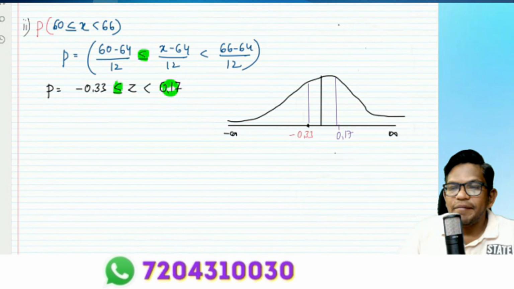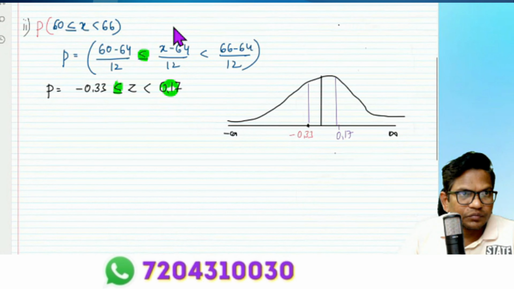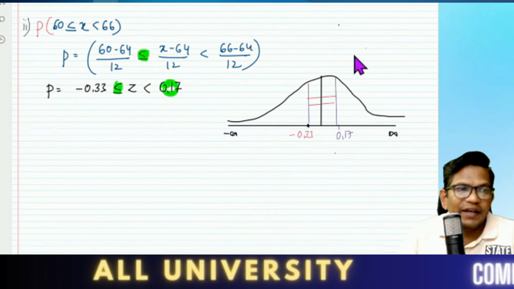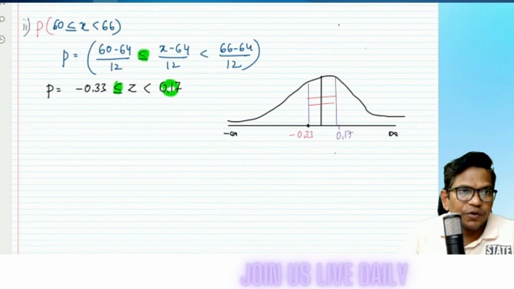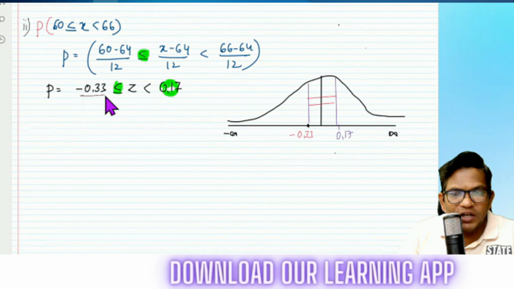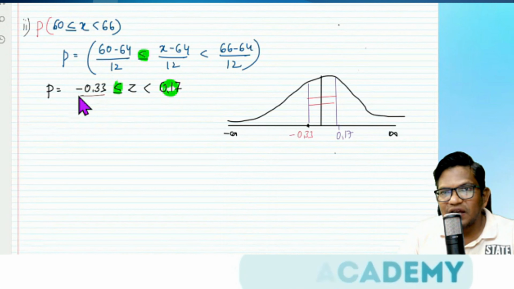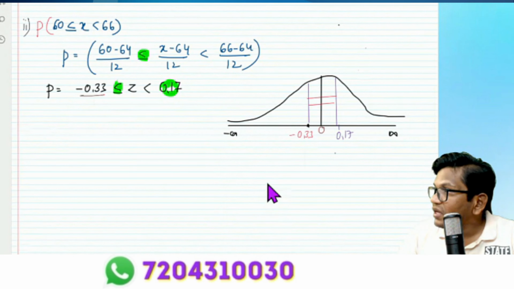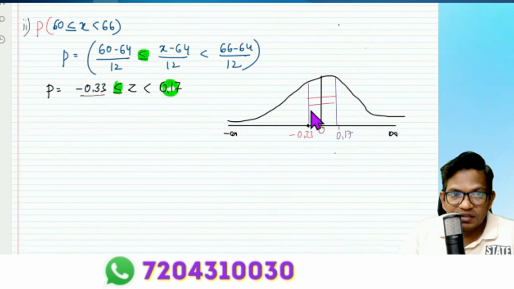Can you draw that bell curve again, sir? I'm not able to understand. Check it now. What they gave? 0.33, which has a minus sign. So this is the center point, and this side is minus.